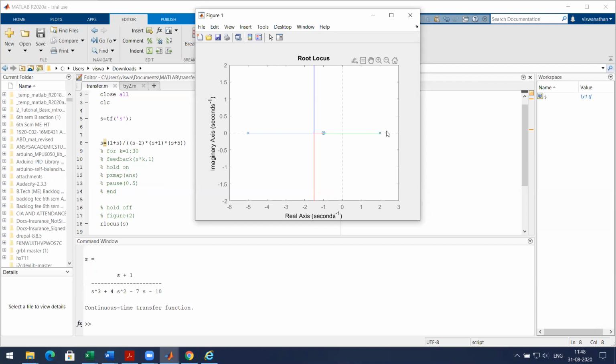This pole goes to this 0, and then this pole and this pole meet over here and go to infinity. Since we have 1 0, one pole can go to the 0, and the other 2 poles should go to infinity. Is it clear? So will this make the root locus stable?